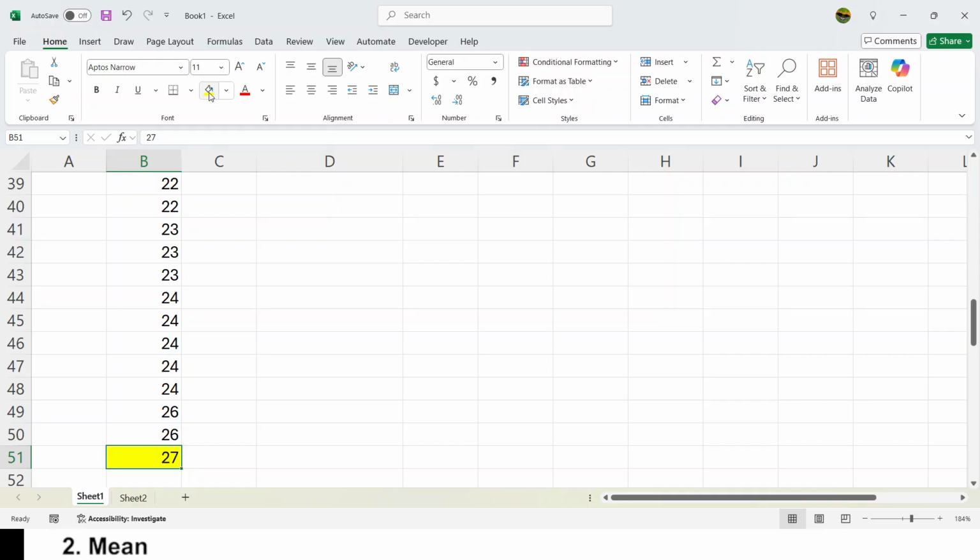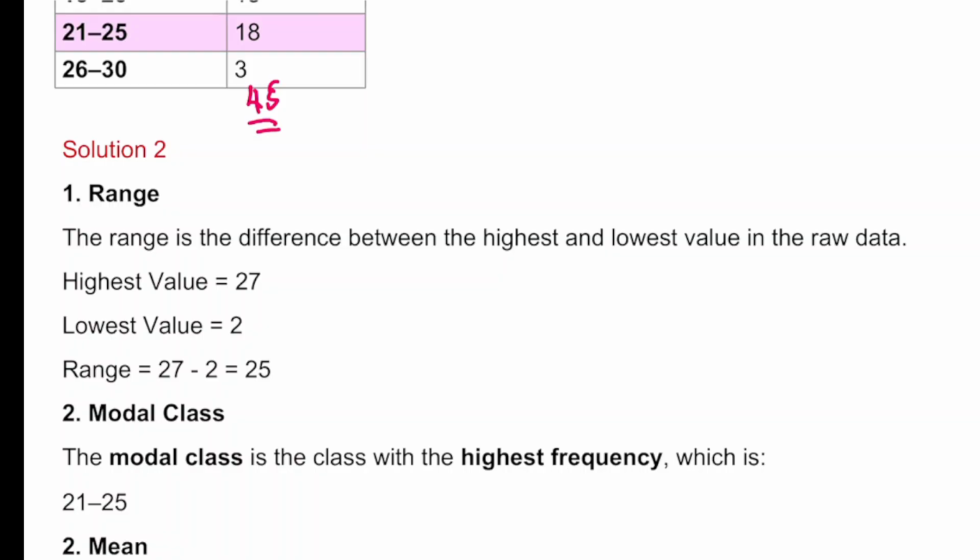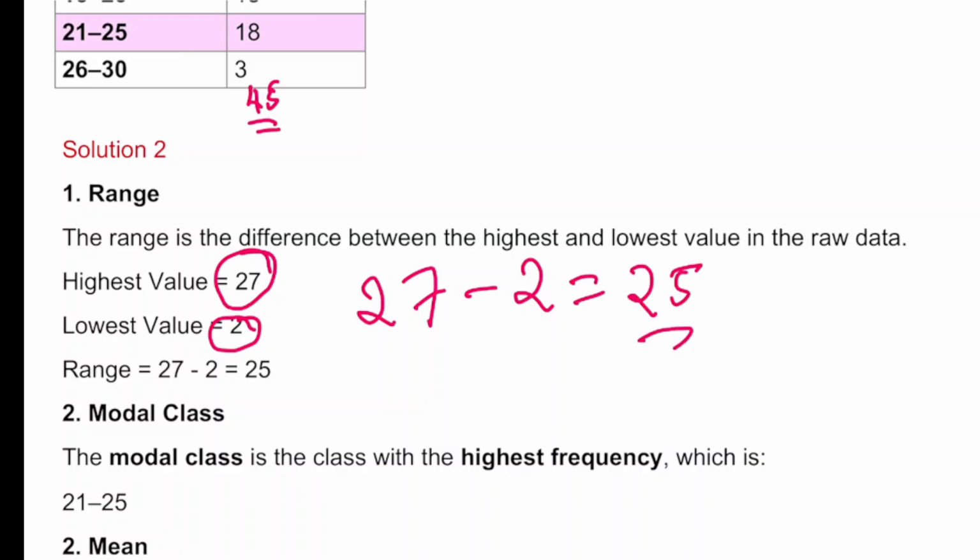So the smallest number is 2, the highest number is 27. The range is the highest, 27, less the lowest, which is 2. So 27 less 2 is equal to 25.